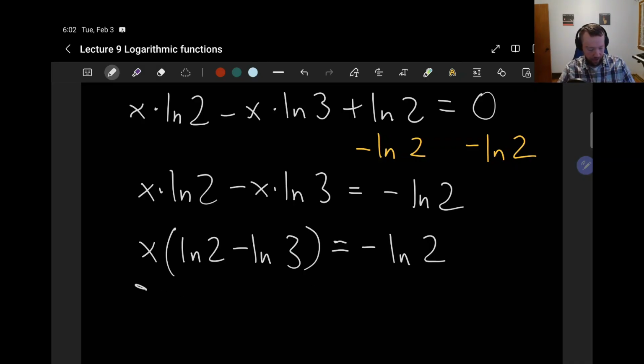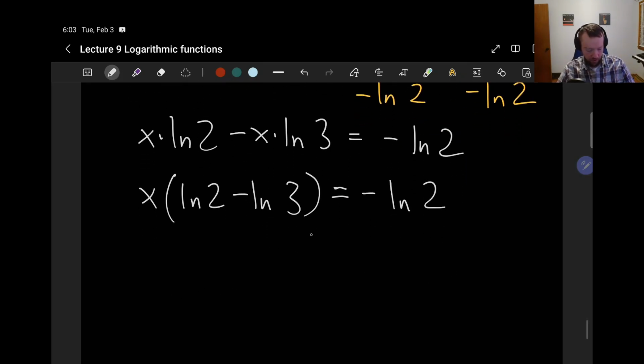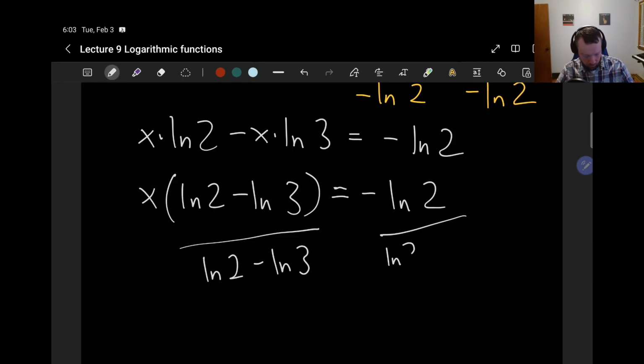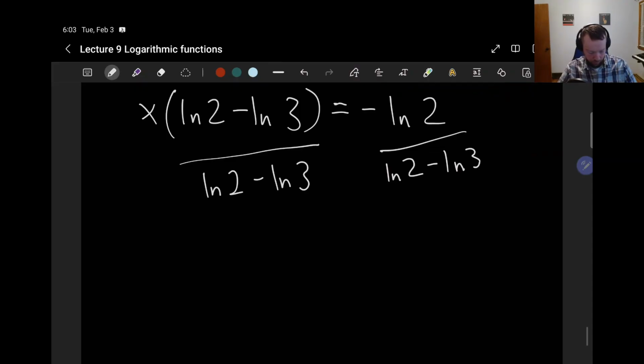So we have x times some number equals some number, which means we just divide both sides by this number. Even though it's a bit of a messy one, we can still do this.